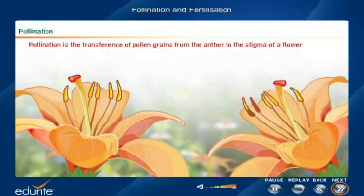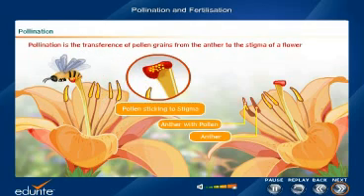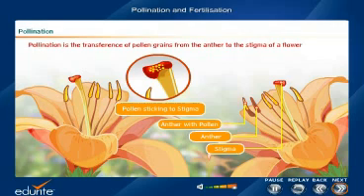The first step that leads to the development of fruits and seeds is pollination. Pollination is the transference of pollen grains from the anther to the stigma of a flower.